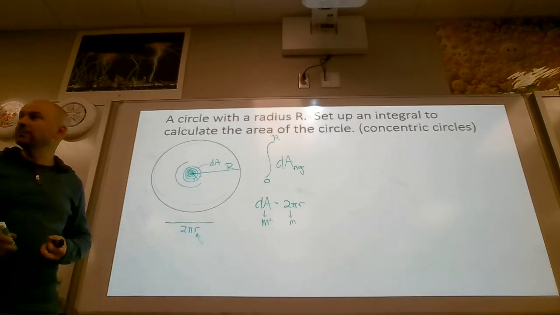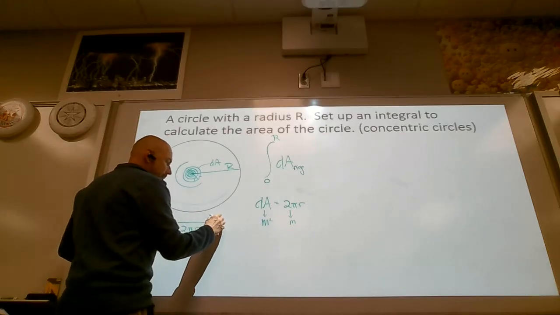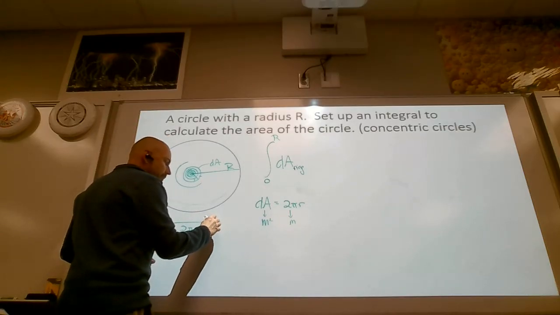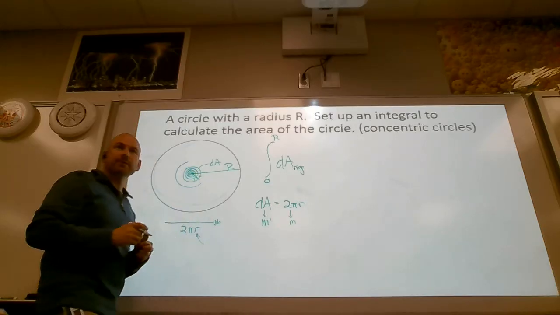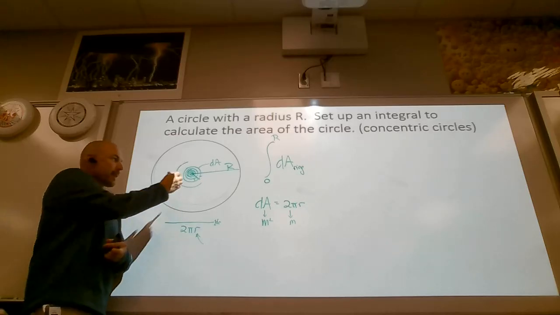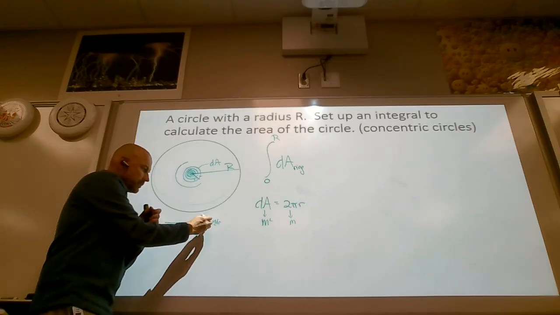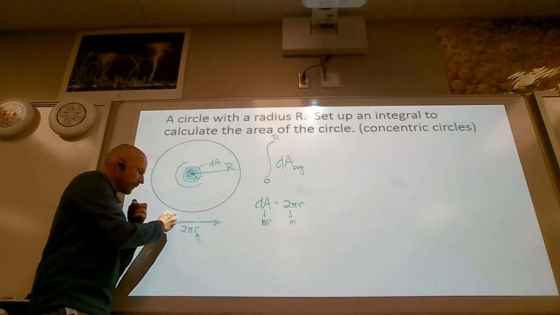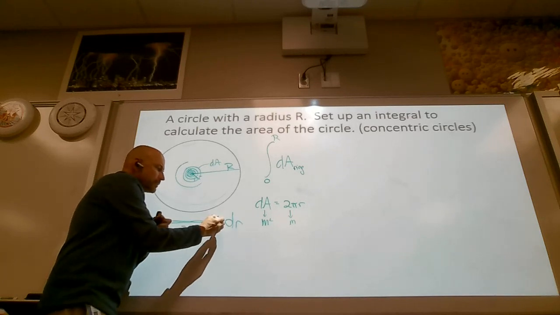What's the width? The width is a little change, dr, a little change in r. Like I stepped it out just a little bit. And the thickness of that ring is dr.